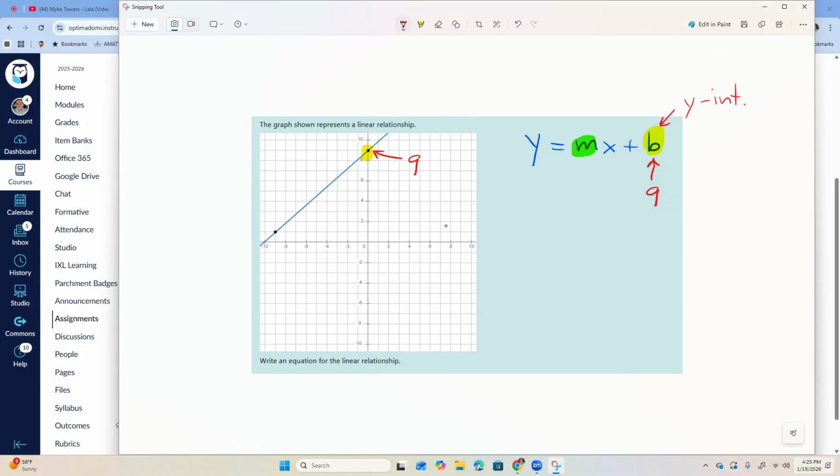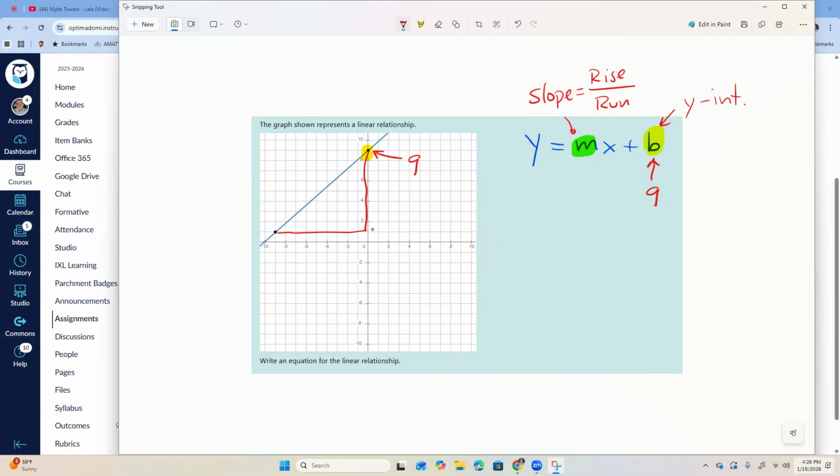Now I'm going to find the m. M is slope, so that is rise over run. When I have the graph, I'm going to find the slope using that. I start with my leftmost point and make an L with my next point. I'm going to make an L like this between these 2 points. I hope you see my L there. I'm going to find my rise by counting the squares that make that side.